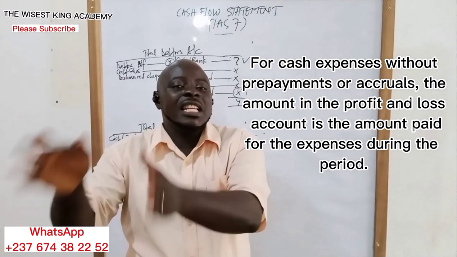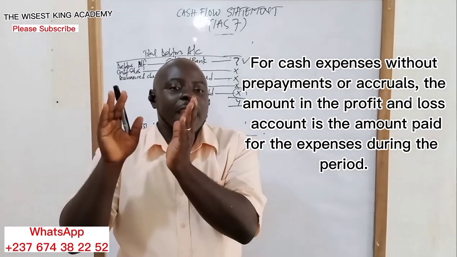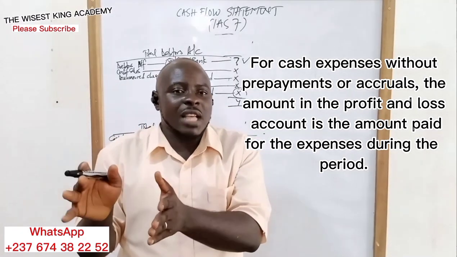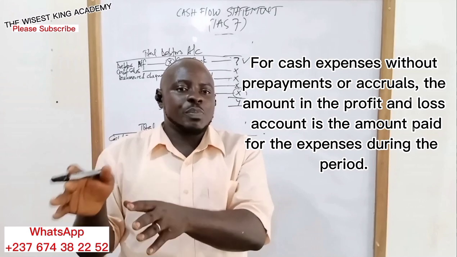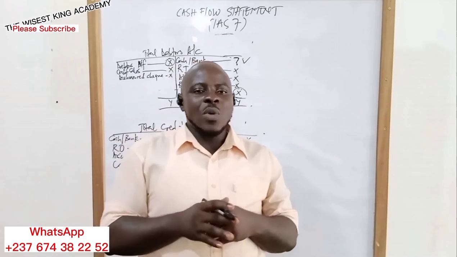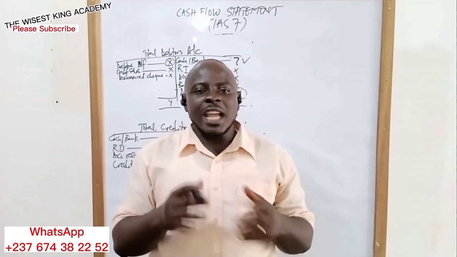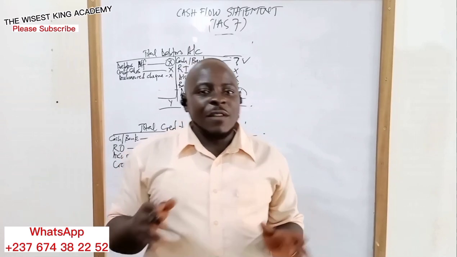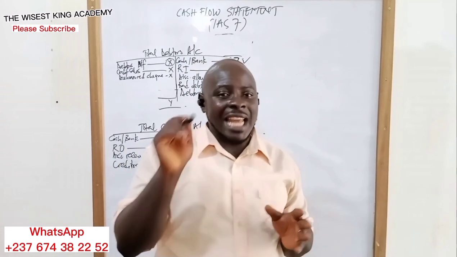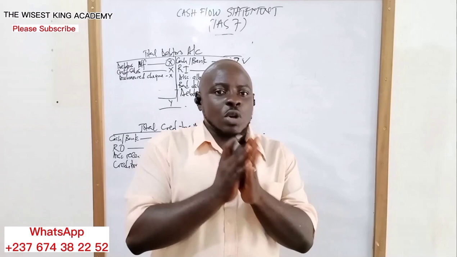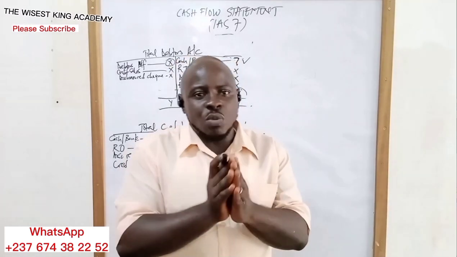What you see in the income statement, the profit and loss account, is actually what was paid. In a case where we have prepayments and accruals of expenses and incomes, it means that what appears in the income statement was what was due for the period, but not actually what was paid.